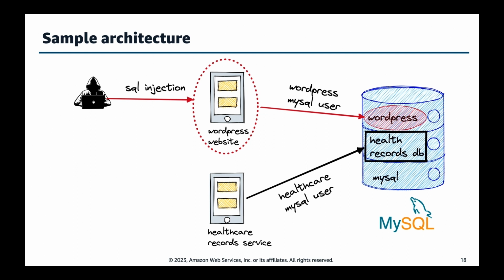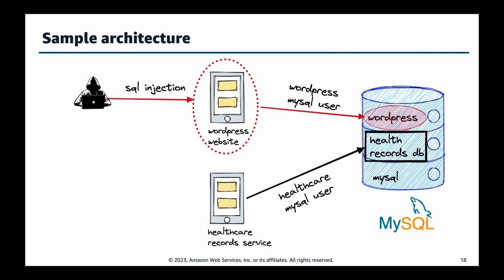So our hacker has been able to connect through SQL injection, probably, to the WordPress database. Now, this guy has full access to WordPress. But there is nothing interesting there. It's just a website with general information about this healthcare company.